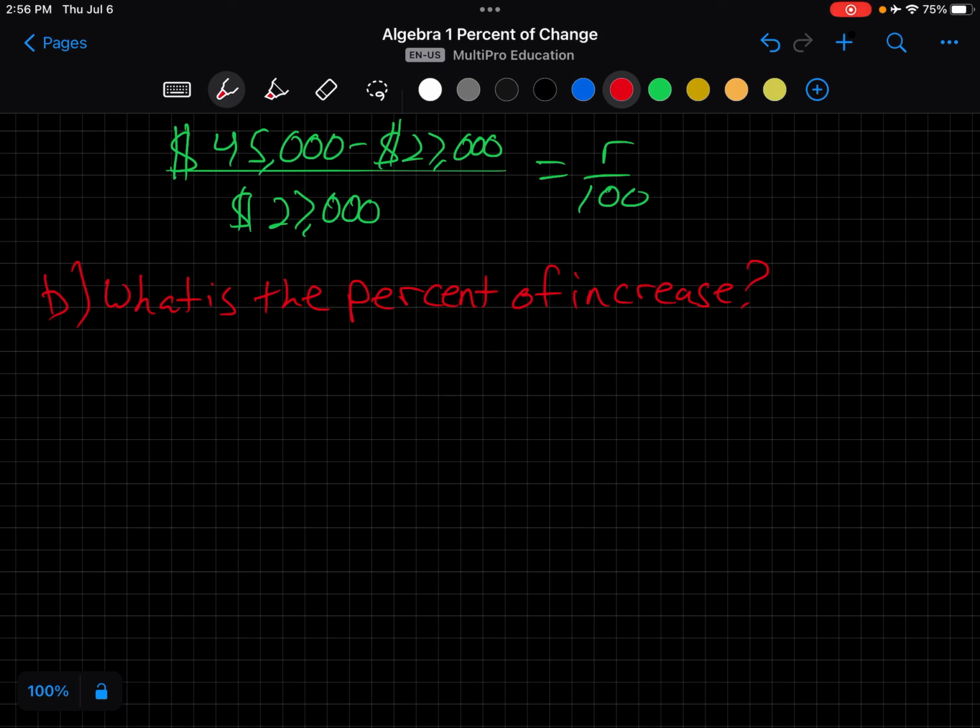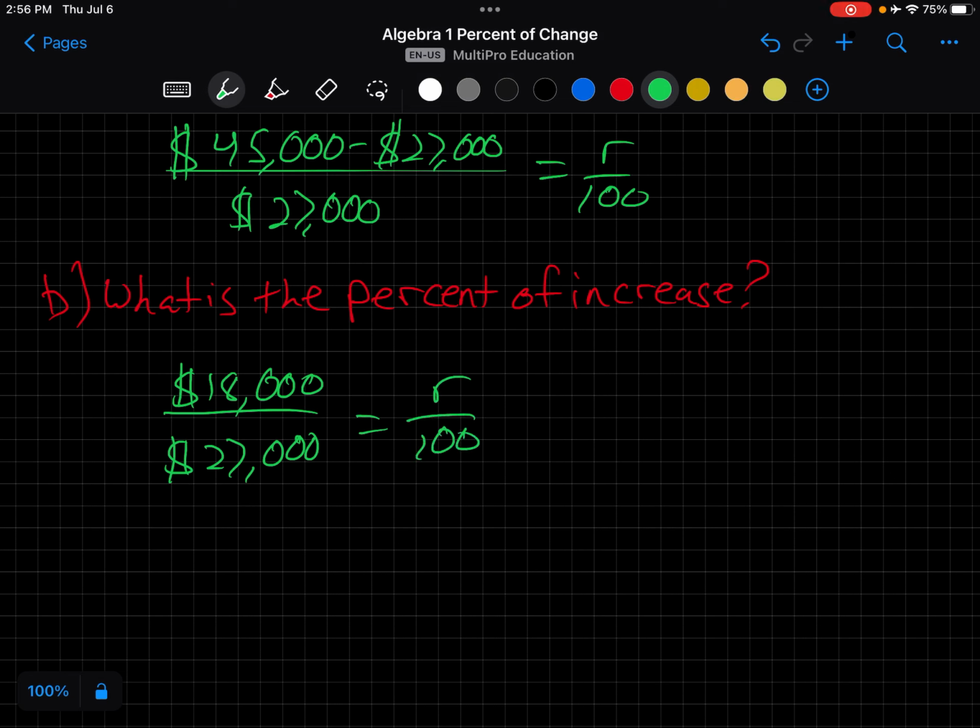So if we take 45,000 minus 27,000, that gives us 18,000. Then we're going to do 18,000 over 27,000 equals R over 100. Now, this can get into some really big numbers, so I'd like to simplify this.